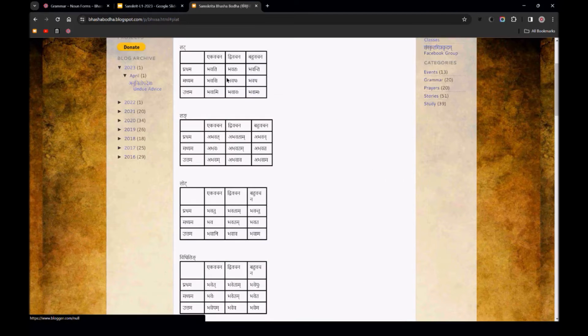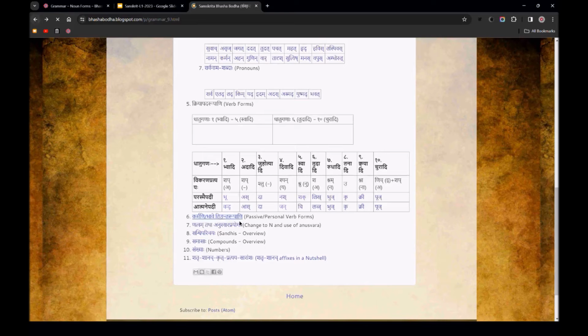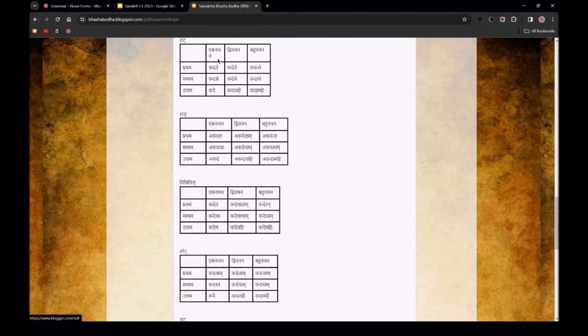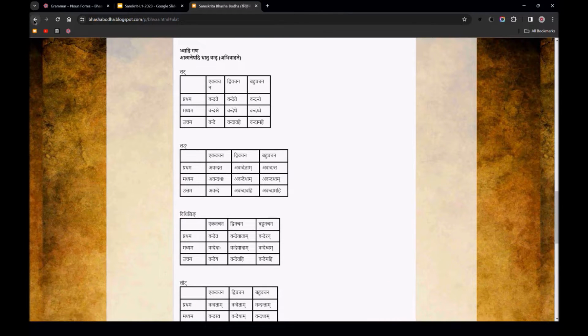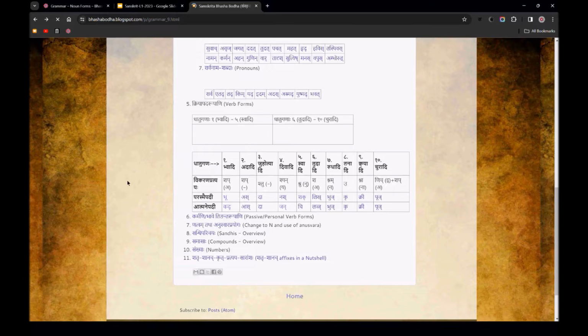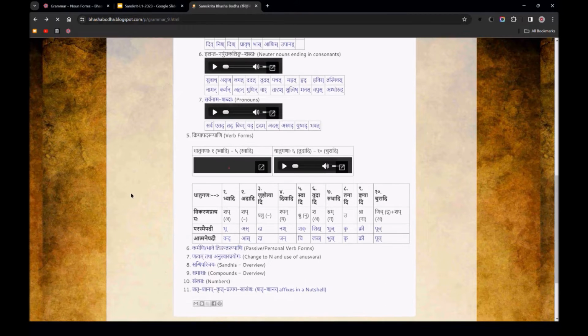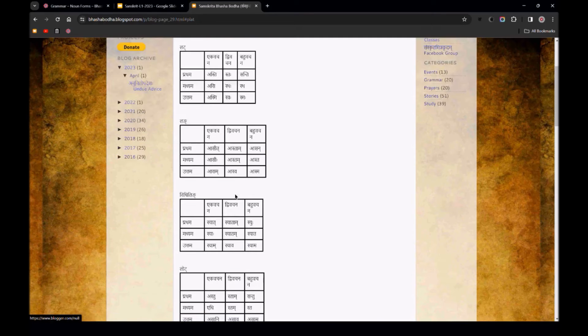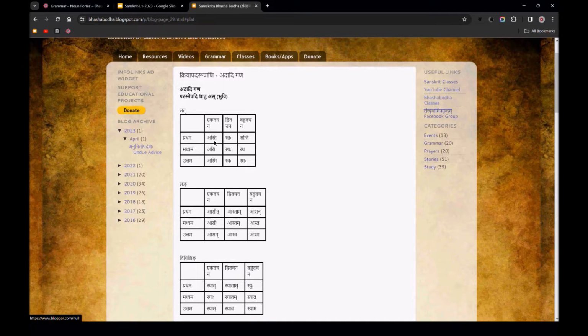One is ti for some dhatus, or it could be te for other types of dhatus. That is for present tense. So ti or te. Even if you see this one, this is asti. Asti, which we use most of the times, right? Asti is very common. So the dhatu is as here, and the forms are asti, staha, santi.